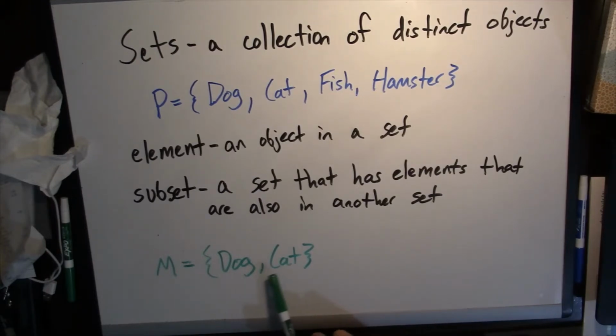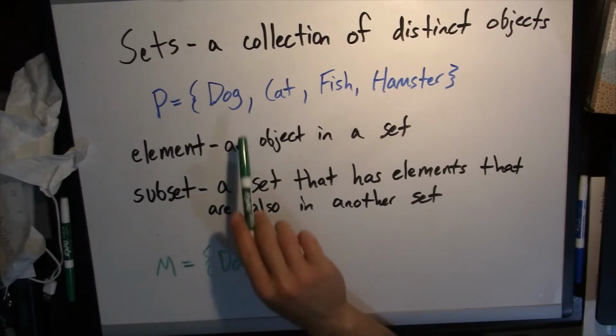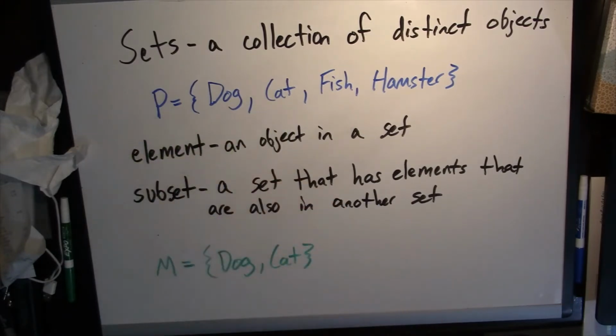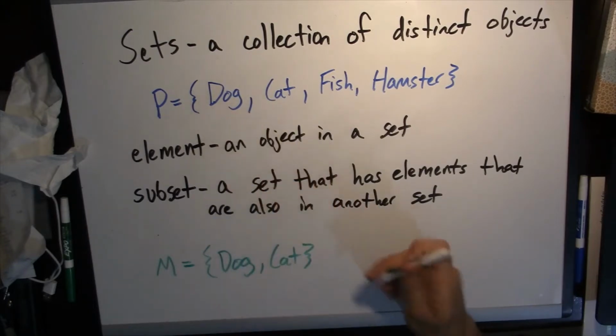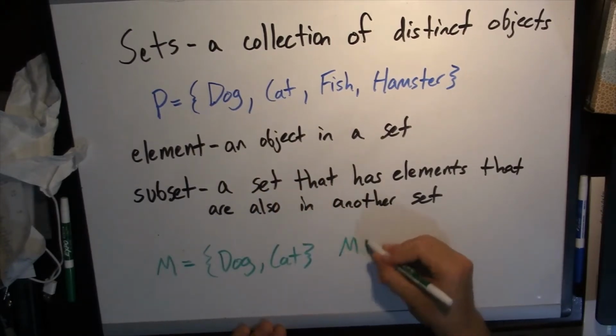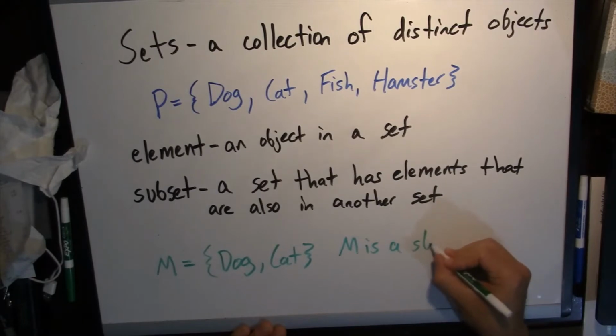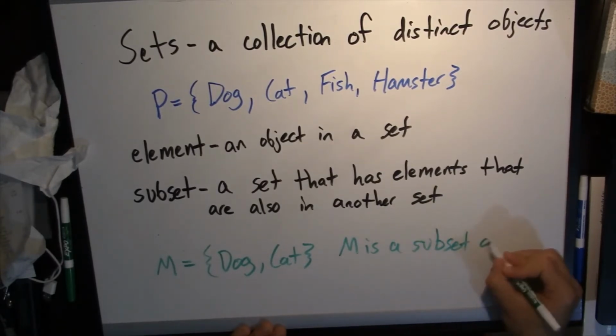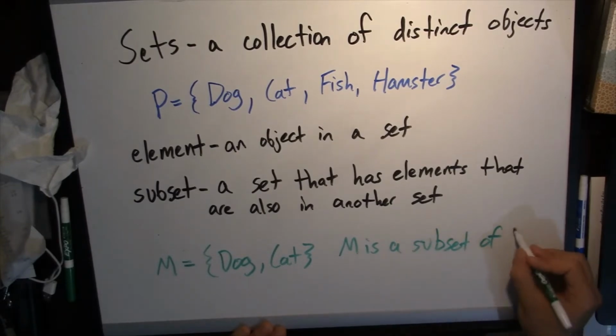Well, dog and cat are elements of M, but dog and cat are also elements of P. So everything in M is also in P. So that means M is a subset of P.